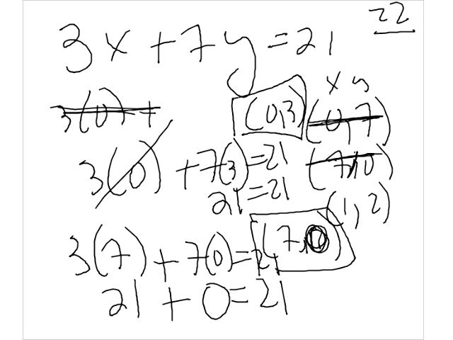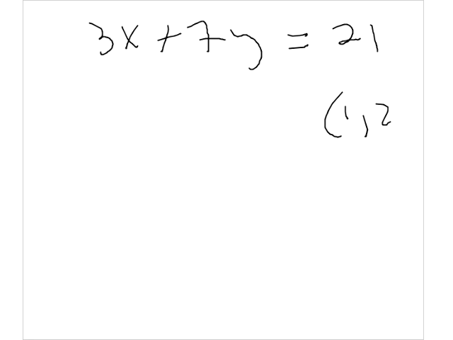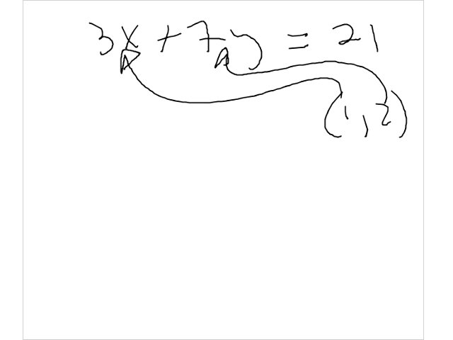And then the last one we're going to take a look at is 1, 2. Okay, that means we plug in 1 for x and 2 for y and see if we get a true statement.